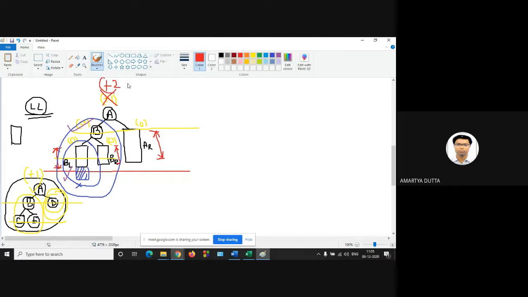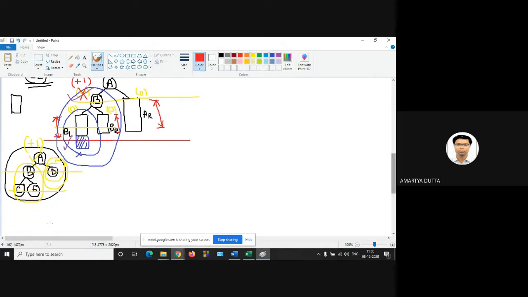Now its balance factor is +2 because the balance factor of B will now go from 0 to +1. So for C, let us insert X here. For X the balance factor is 0.